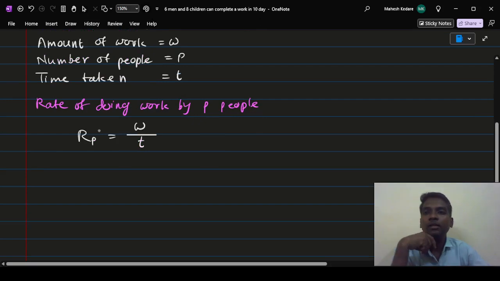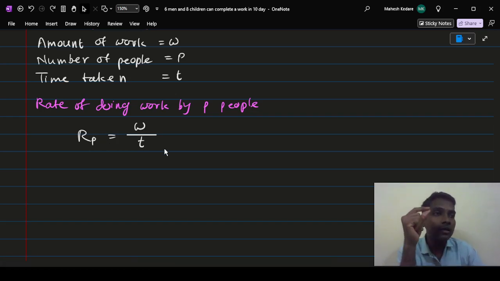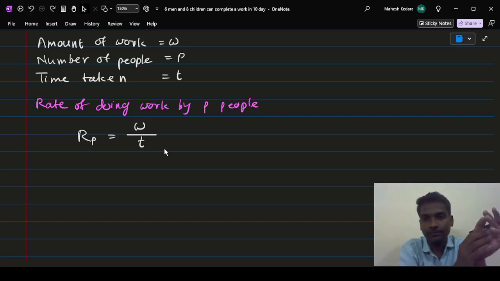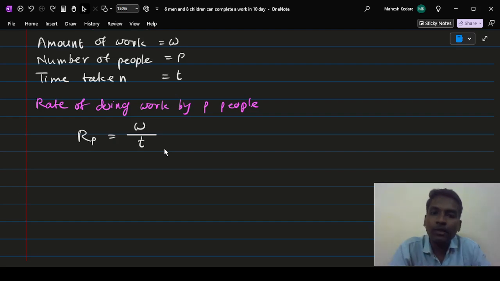Now this is the rate of doing work by P people together. We wish to find the rate of work done by every person. We suppose that all P people do the work at the same speed. None of the people is doing the work faster or slower than the other. All the people are doing the work at the same rate. So the rate RP is the rate of doing work by P people.